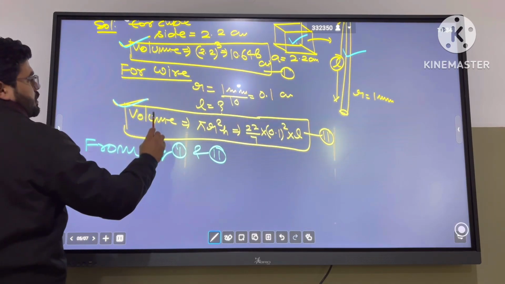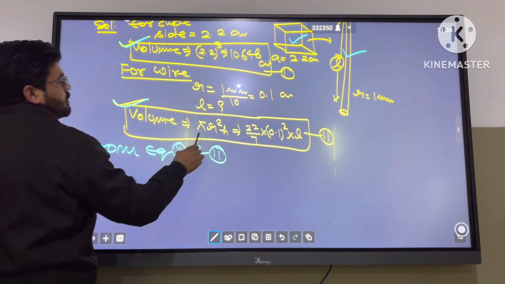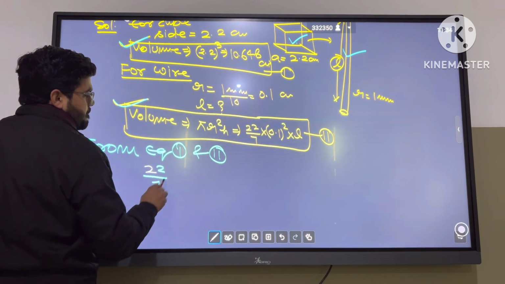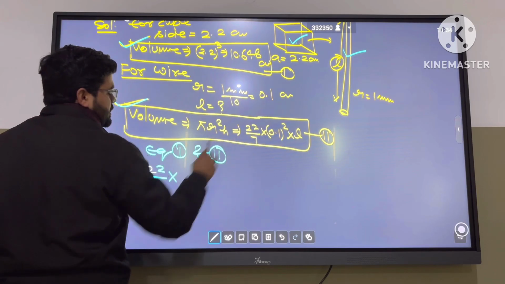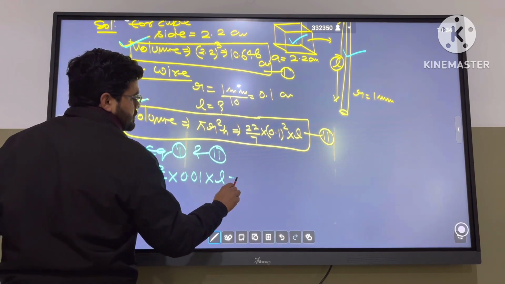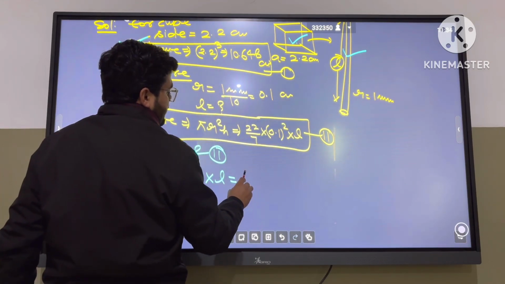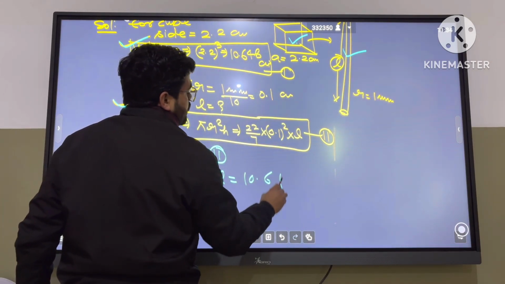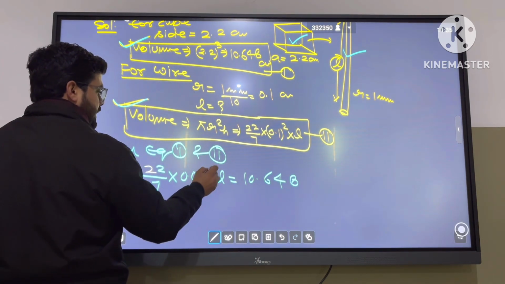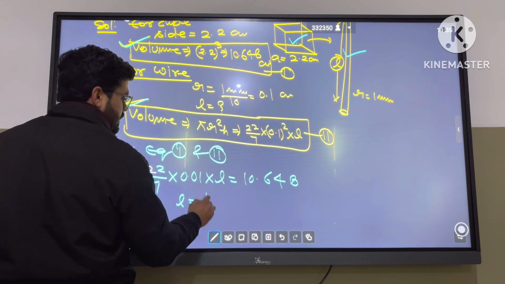From equation number first and second, we get 22/7 into 0.1 square into L equal to the volume of cube, 10.648 centimeter cube. So dear students, find the value of L by the transposing method.